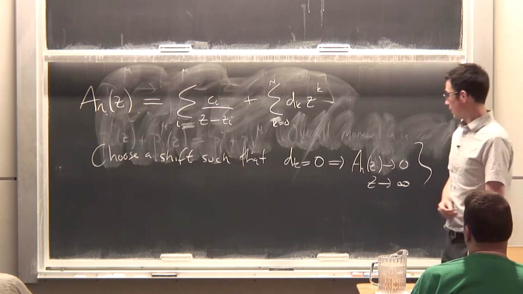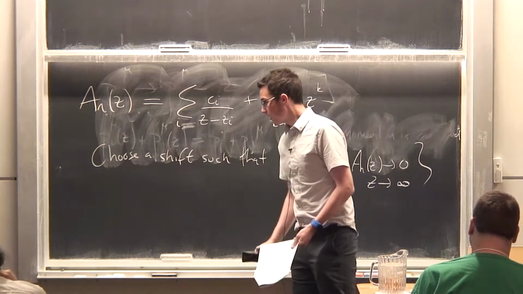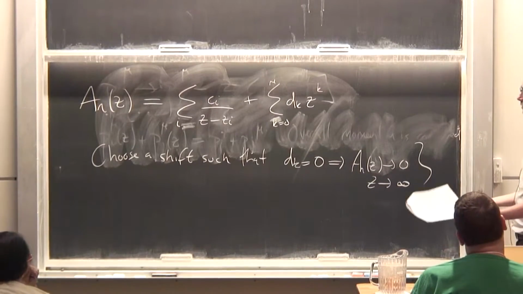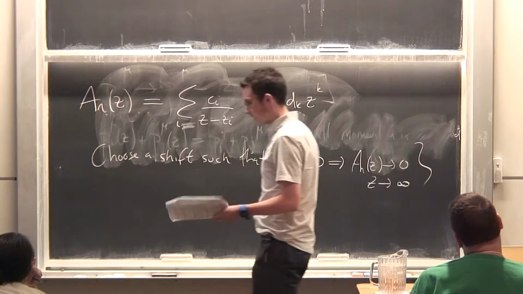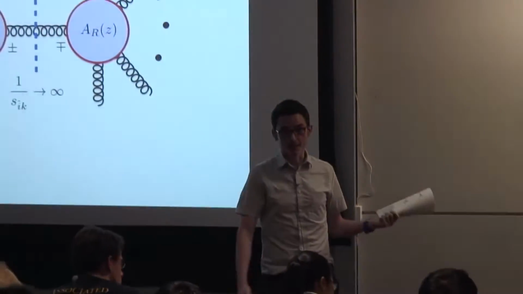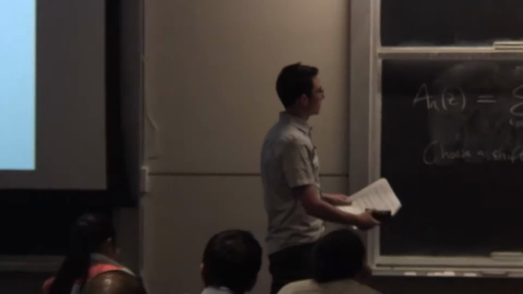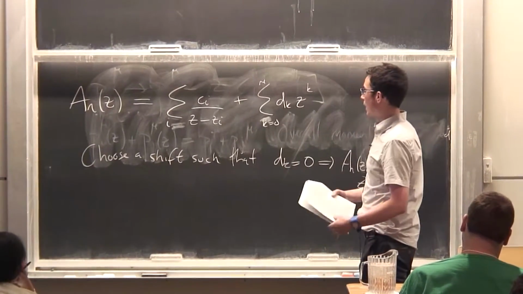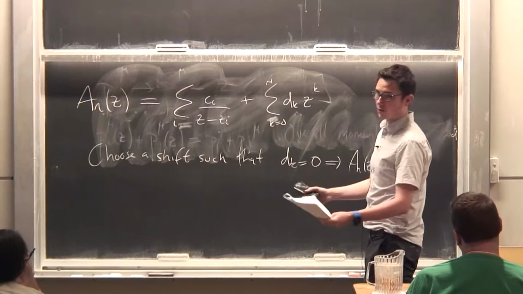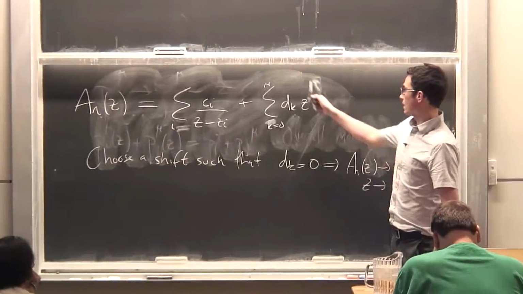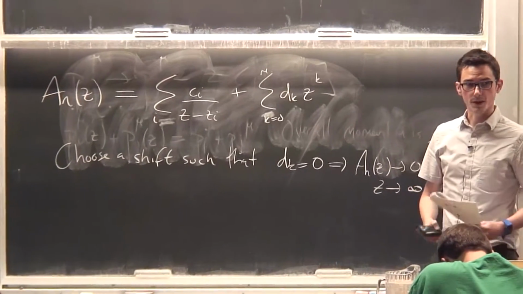That would make me very happy. Now, in general, certainly for gluon scattering, you can prove exactly which shifts will work universally, but this is not guaranteed, right? There are some shifts that will induce a large z behavior, but for now, we're just going to assume that we did a good shift and that we don't have any large z behavior, which means that all these terms vanish. Okay?